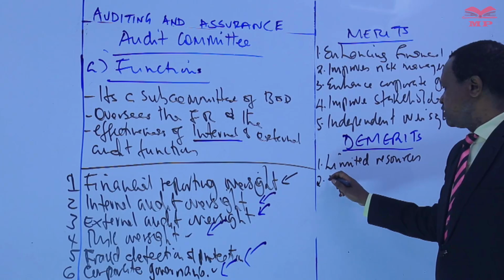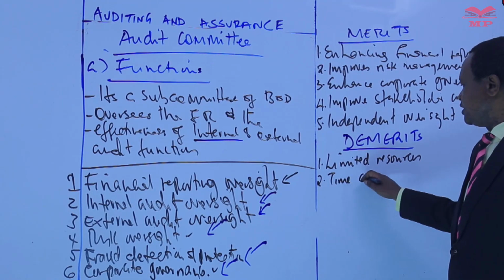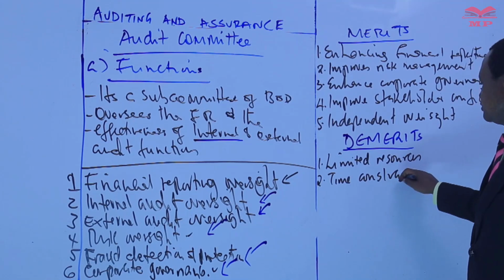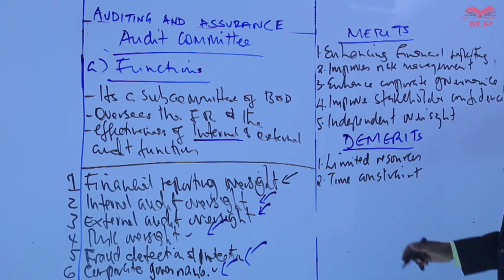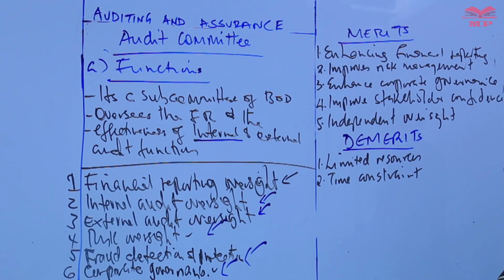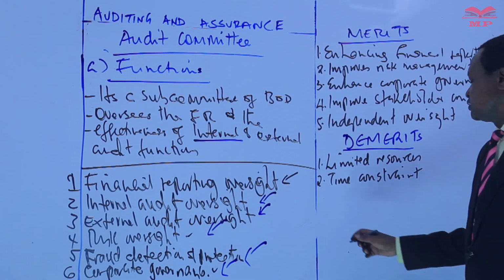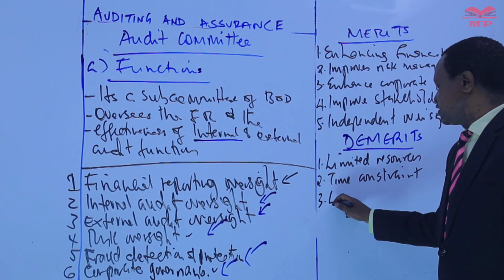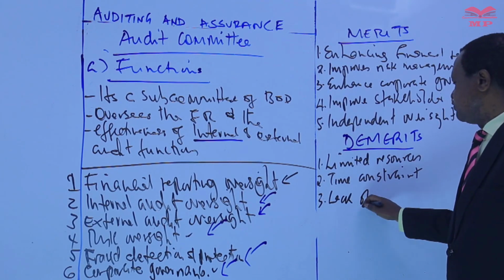Let's single out time as a constraint. Time constraint. The members of the audit committee may have other commitments and may not have sufficient time to devote to their duties. There could be instances of lack of independence.